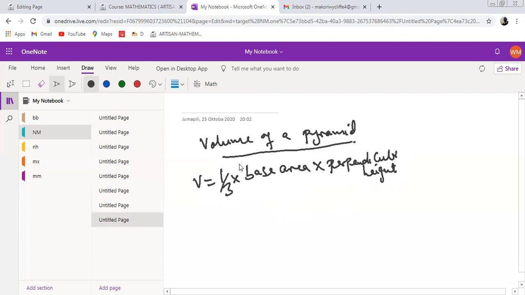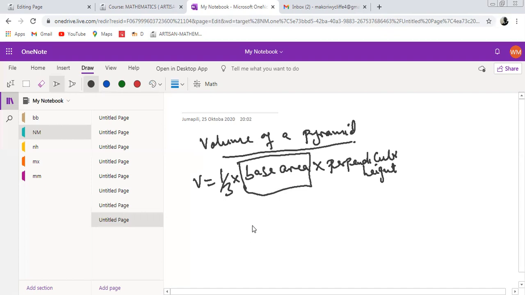So remember here, when we talk about the base area, it depends on the nature of the base. If it is a square, we know how to get the area of that square base, which is length times length. If it is a rectangle, the area is length times width, and so on.